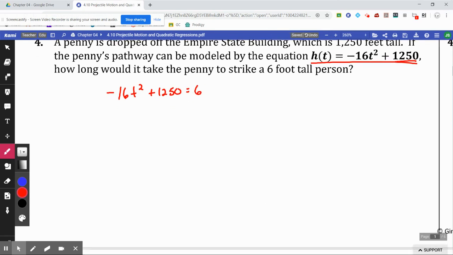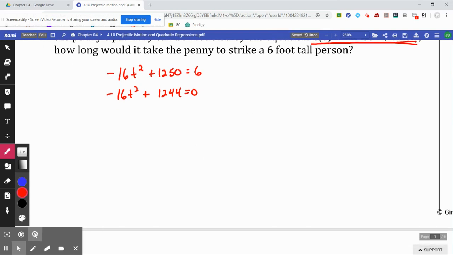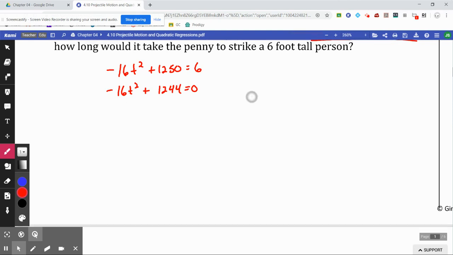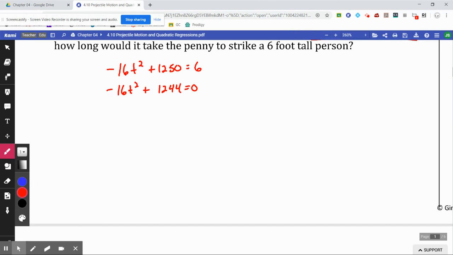So we simply move the 6 over. So negative 16t squared plus 1244 is equal to 0. Now we should have noticed this a while ago, but since we're missing the b term, this is the easiest method here: let's solve by using square roots. So let's take our 1244 and move it back over, which gives you negative 1244.